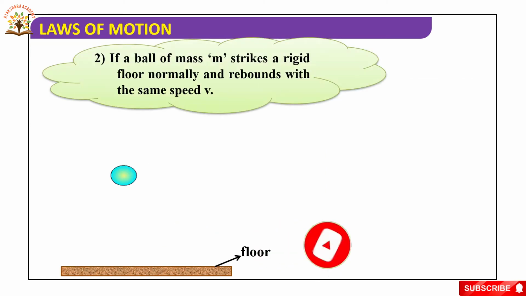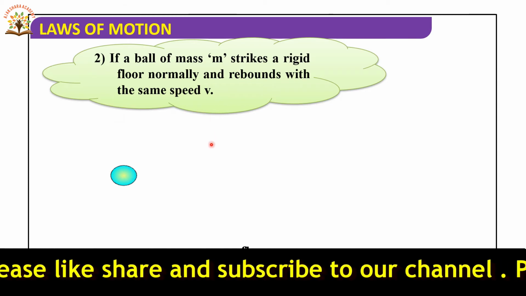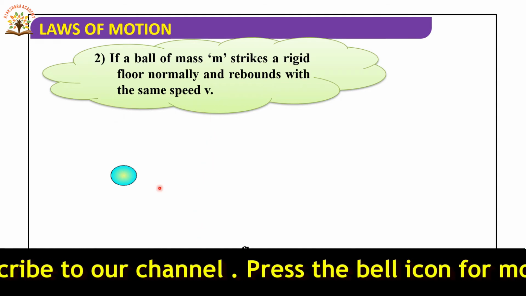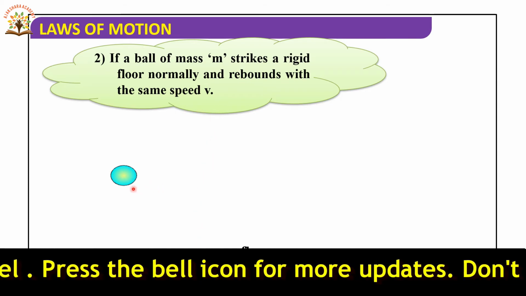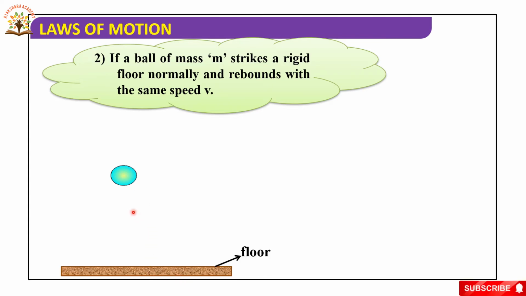Next, if a ball of mass m strikes a rigid floor normally and rebounds with the same speed v. Here we are taking a ball of mass m striking a rigid floor normally, and it rebounds with the same speed. See the picture.